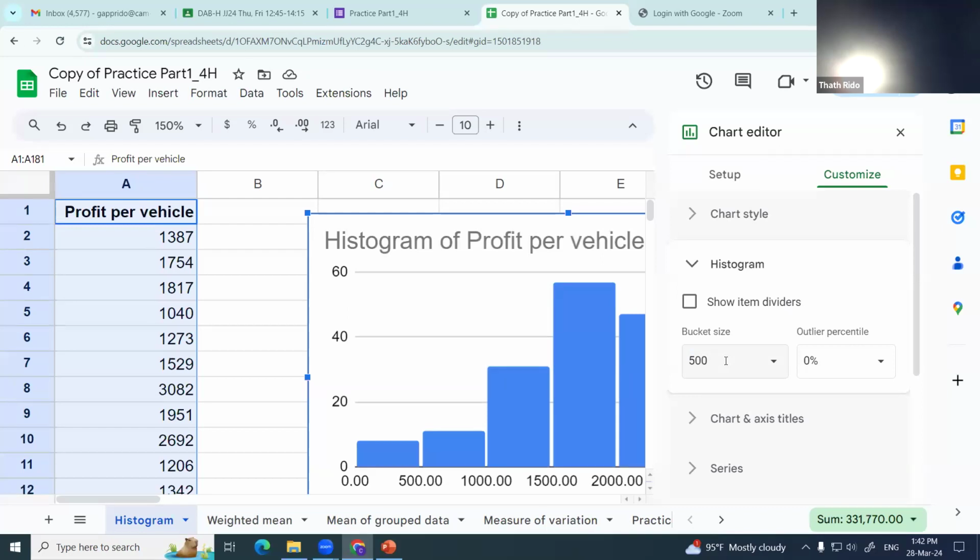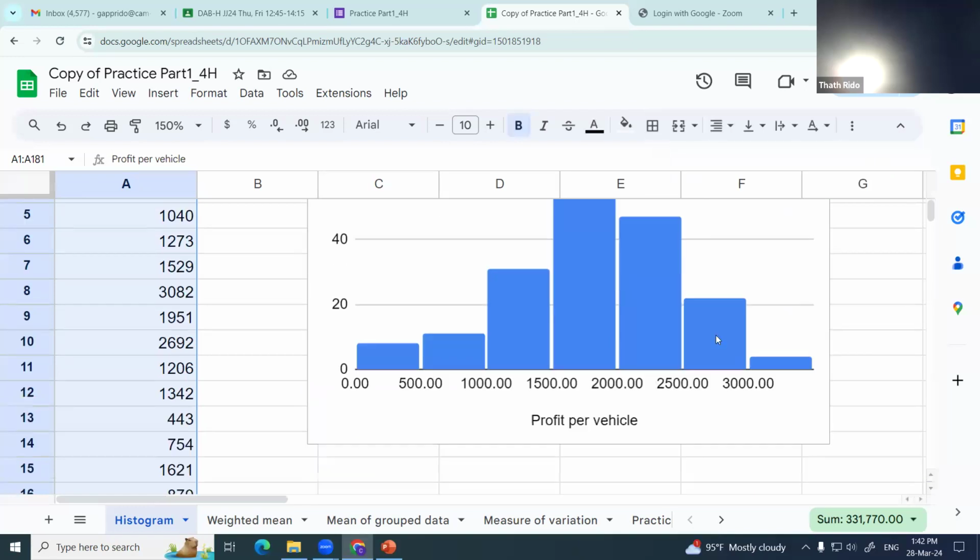So just change from auto to 500 and we get the 7 classes, 7 vertical bars. The height of each bar represents the frequency of that class. If you check the numbers here, it's not the same as in the PowerPoint, in the lecture note.